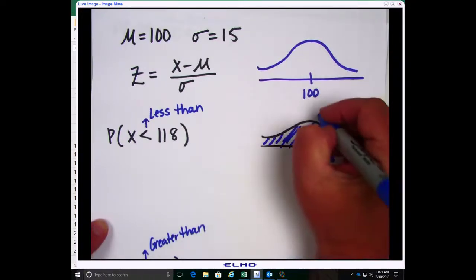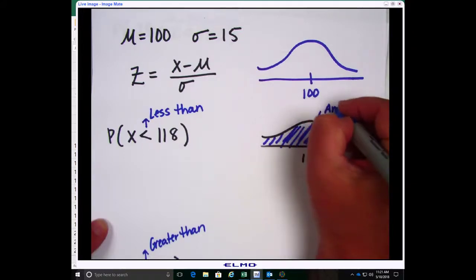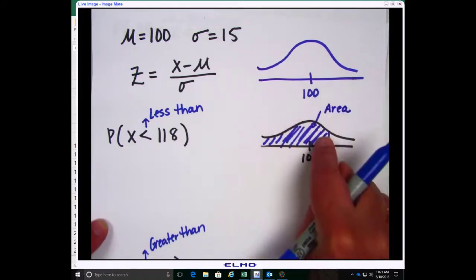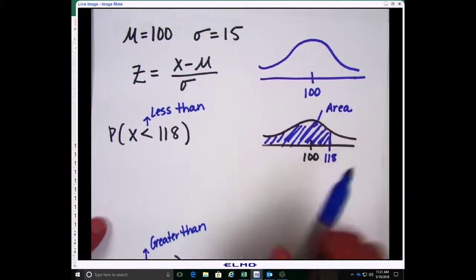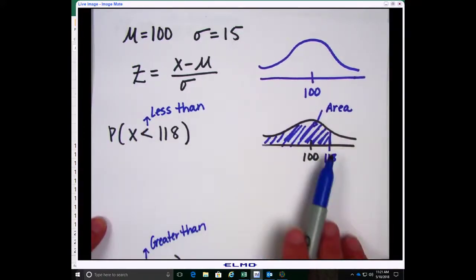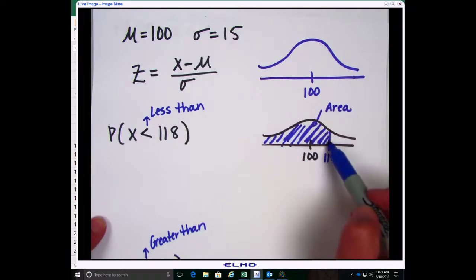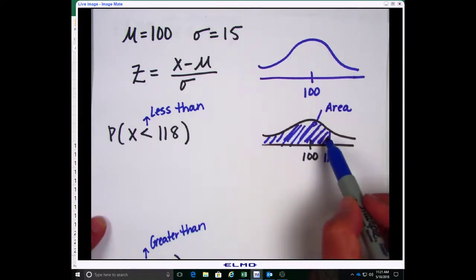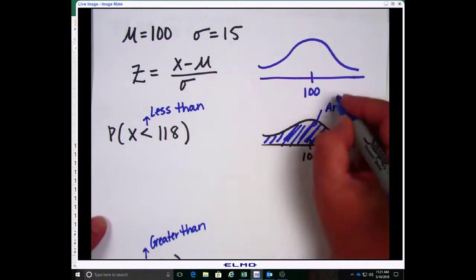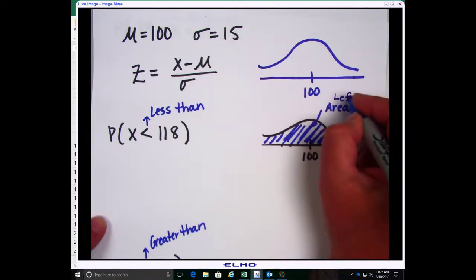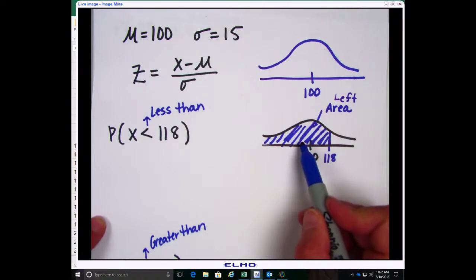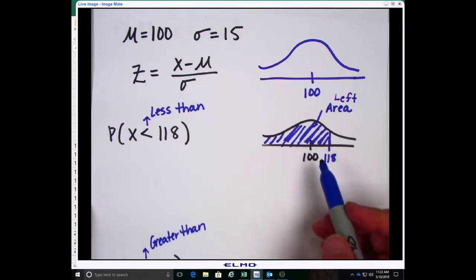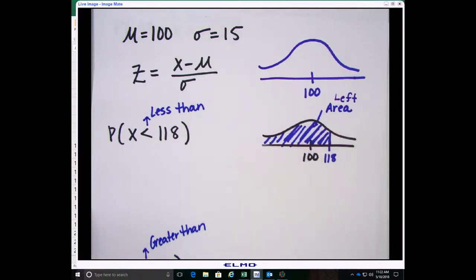So we're looking for this area, and not to confuse you, it's an area, but it's also going to be the probability. Notice that when I calculate less than, I shaded in the values less than 118. That's how I knew to go here. In this particular case, we're looking for a left area, in other words, the area to the left of our value. That's critical when we go to use our chart, and I'll show you that in a minute.